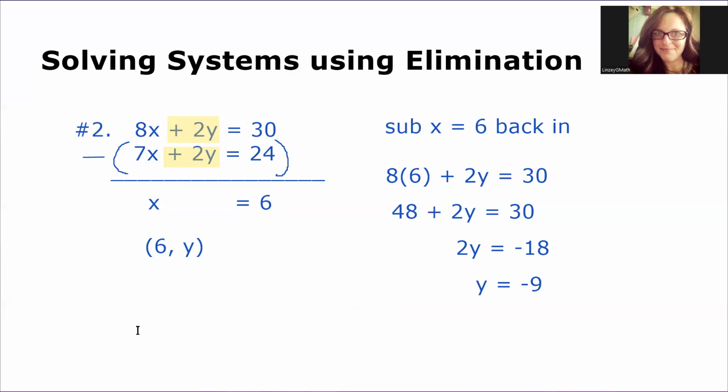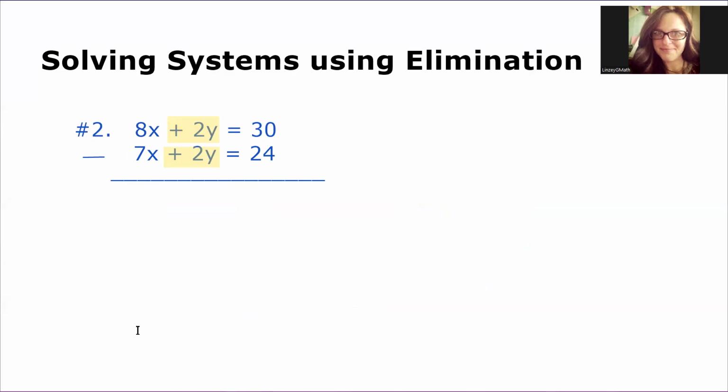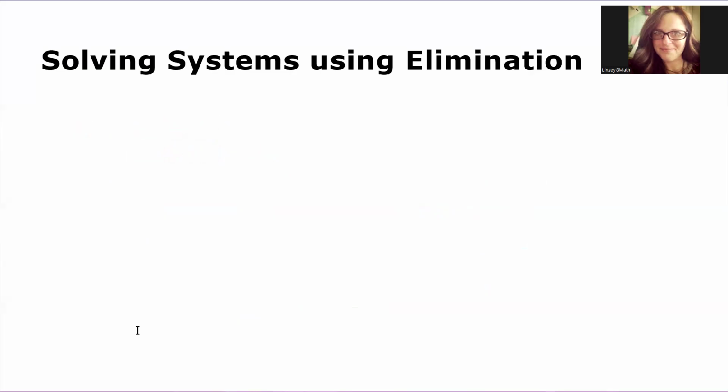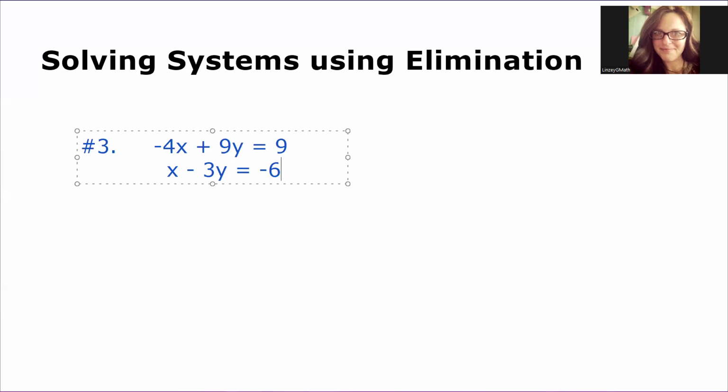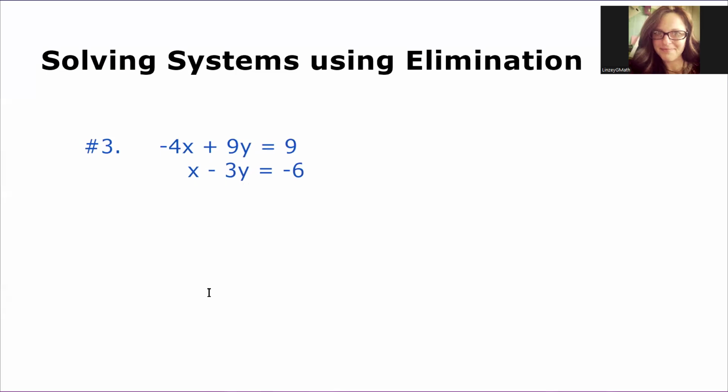Example number 3. Let's solve the system of equations. Sometimes when you don't have coefficients, the number in front of the variable, that match up, like we had negative 2y and positive 2y, or positive 2y and positive 2y, sometimes you do need to multiply one of the equations so that we can use elimination.